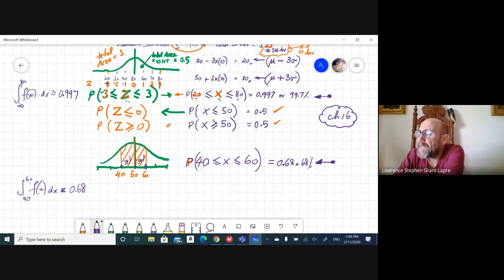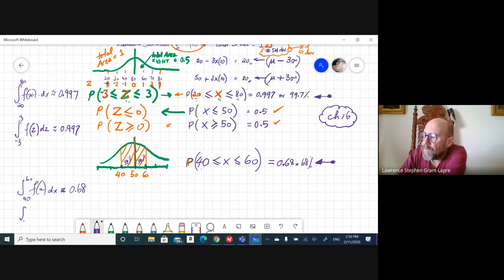If we had the z curve, it would be between -3 and +3, that would be about 0.997.